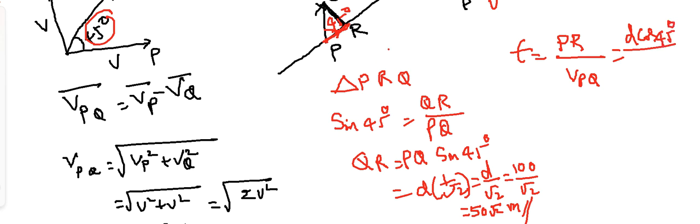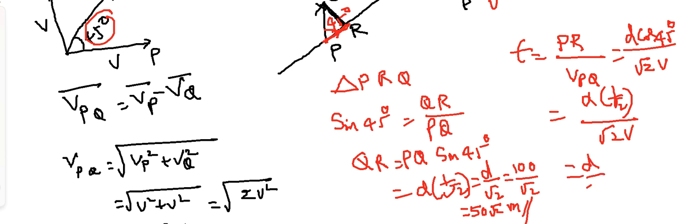Because if I take cos 45, adjacent side by hypotenuse is D, so D cos 45, and VPQ is equal to root 2V. So this is equal to D into 1 by root 2, divided by root 2V, nothing but D by 2V. In the present problem, D is given as 100, V is 20. So 5 by 2 is nothing but 2.5 seconds.